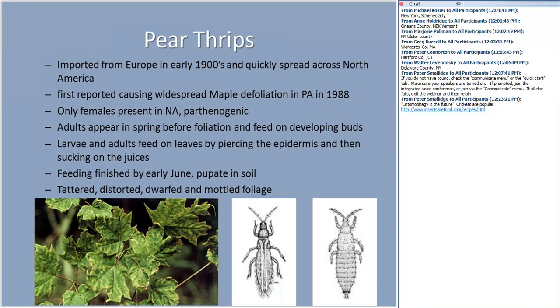But it was first reported causing widespread maple defoliation in Pennsylvania in 1988. I think we had some warm-up calls with that in the late 70s. It was first found to be causing defoliation. There was a term for it, maple malady, I think is what they called it, before they actually determined that it was feeding by this imported insect.